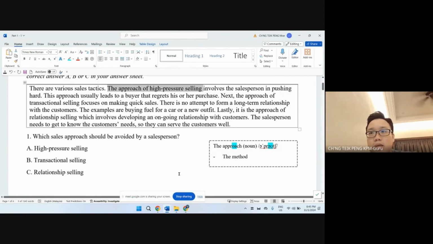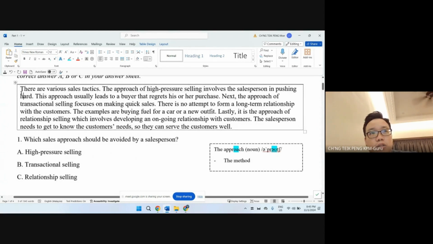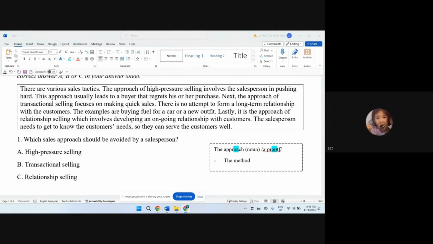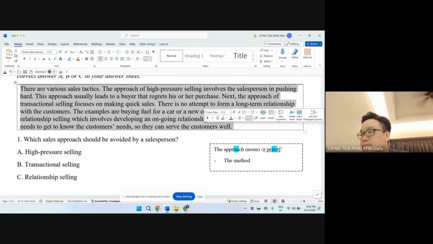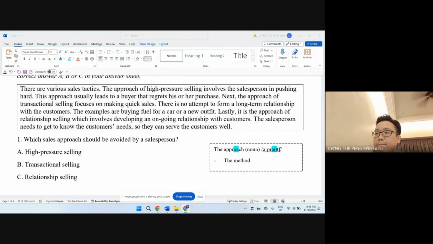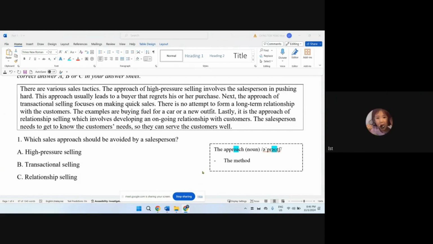Okay, East, can you read the first question, please? Which sales approach should be avoided by a salesperson? Can you read the short text first? There are various sales tactics. The approach of high-pressure selling involves the salesperson in pushing hard.